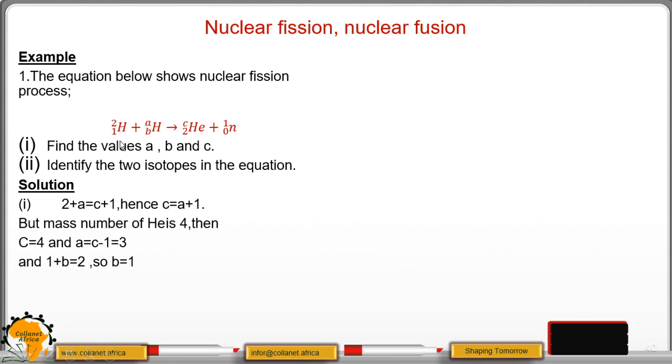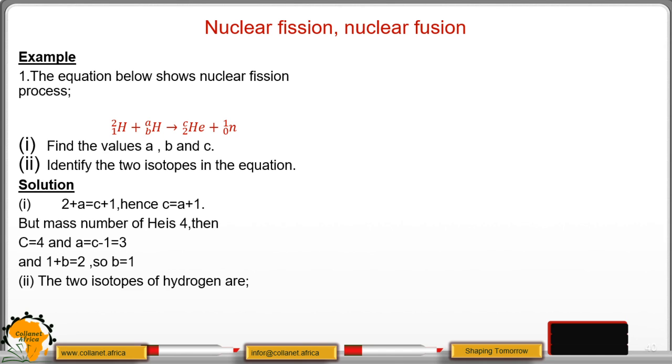Now to get the value of B, we come to the charge part. That is 1 plus B should be equal to 2 plus 0. And when you add that, 1 plus B will be equal to 2. So our B will be 2 minus 1, which is 1. So we have the values A is equal to 3, B is equal to 1, and C is equal to 4.